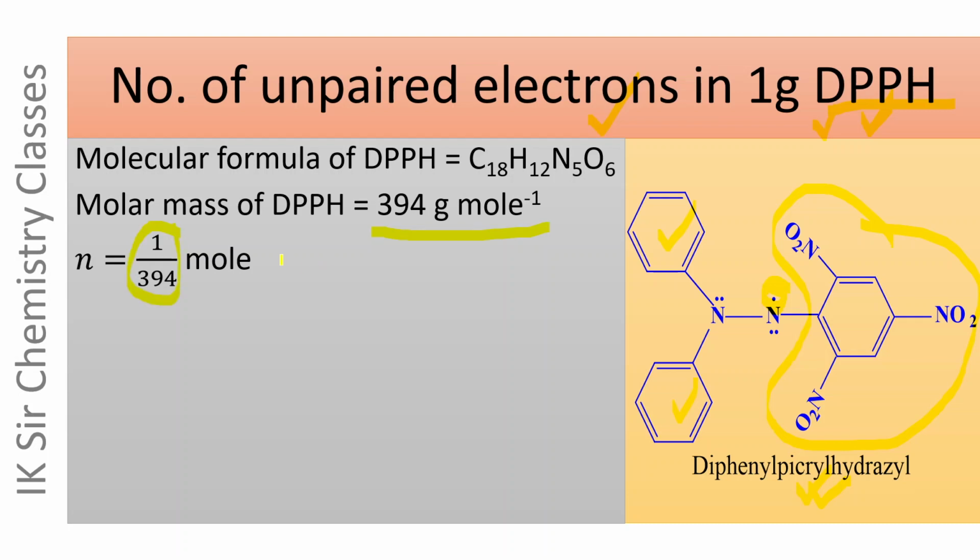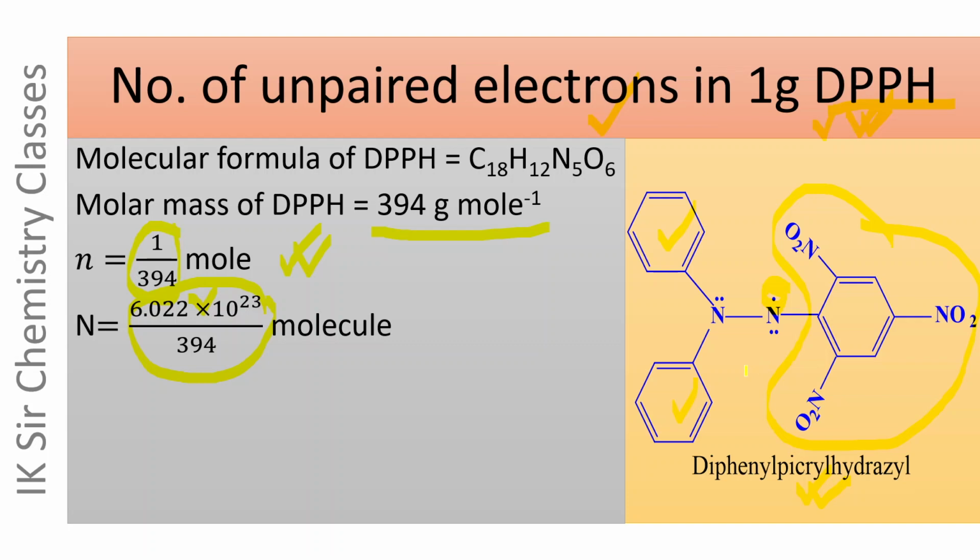This is the number of moles present in 1 gram diphenyl picryl hydrazine. And in order to get the number of molecules, it must be multiplied by Avogadro's number. The number of molecules in 1 gram DPPH will be equal to 6.022 into 10 to the power 23 divided by 394. It is the number of molecules present in 1 gram DPPH.